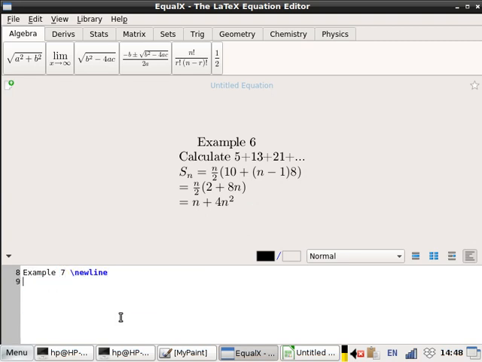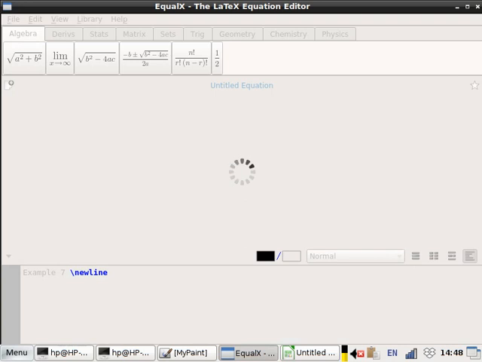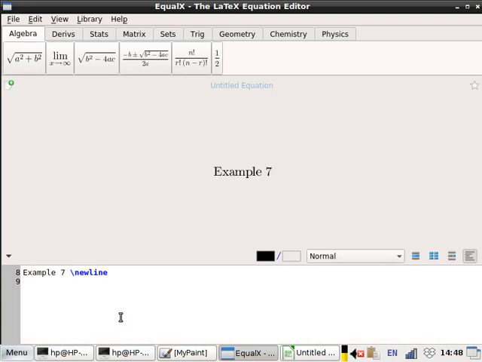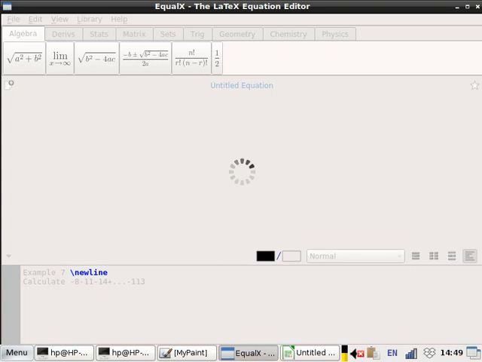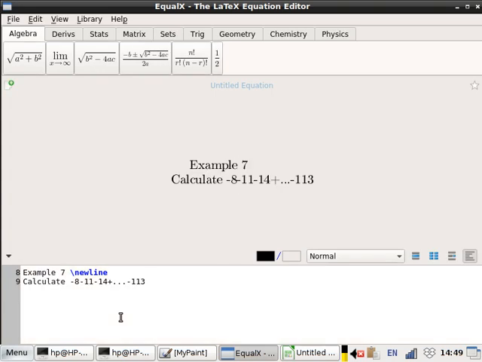So this time I do provide you with a final term. So I'd say calculate minus 8 minus 11 minus 14 ... minus 113. In this one, I want you to add them all up, and I do provide you with a final term now.